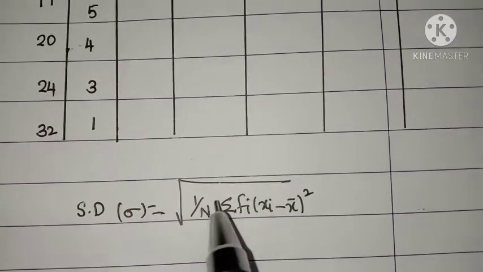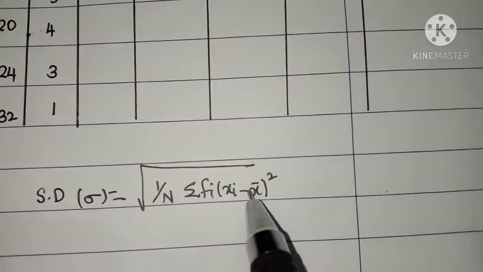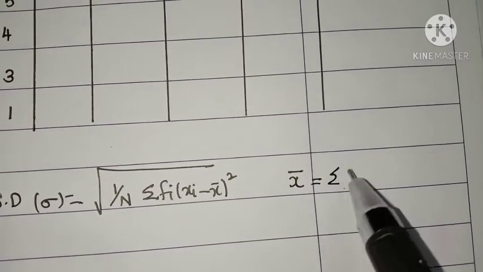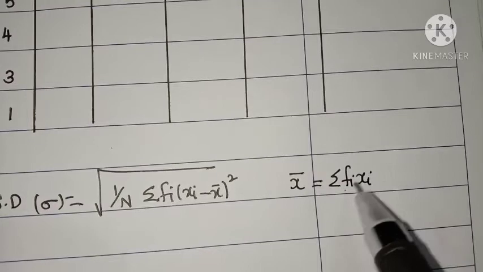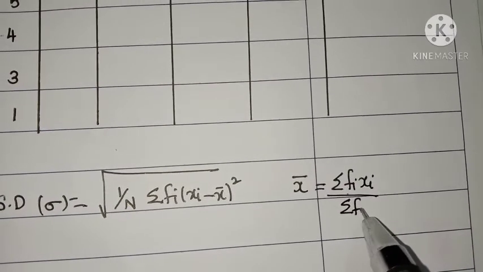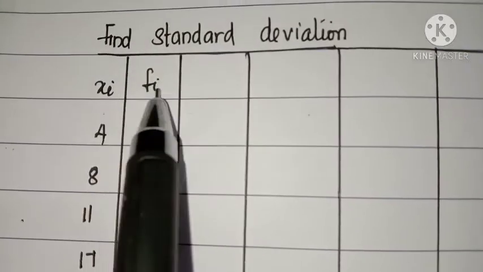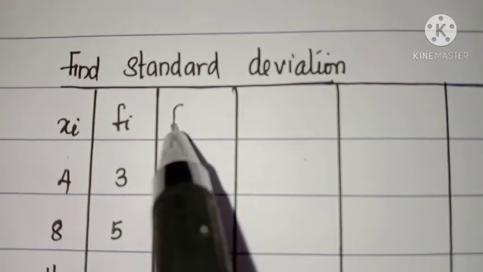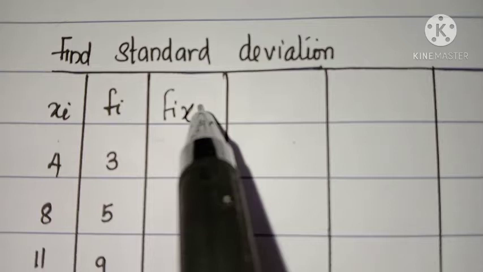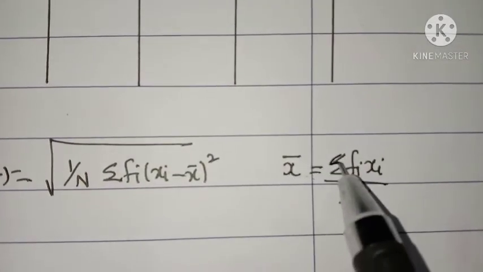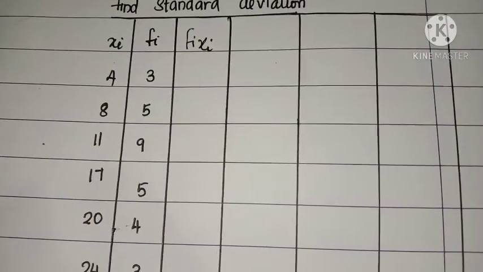So first we need to find x bar. x bar is obtained by sigma fi xi divided by sigma fi. So we have xi and fi. Next we need to find the column fi xi, because to obtain x bar we need the sum of fi xi. So the third column is the product of values and frequencies.